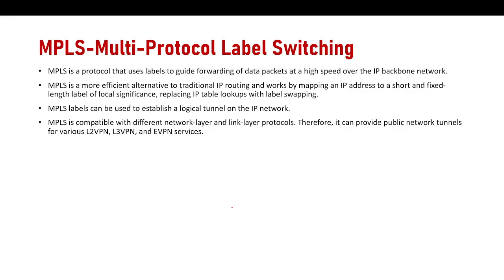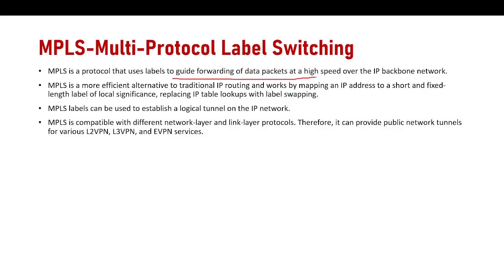You still need ISIS, which will help us to get the routes in our routing table. Once we have this routing information, we can go ahead and build now the forwarding information base. And we will be assigning labels to these routes, and we come up with the label forwarding information base, the LFIB.